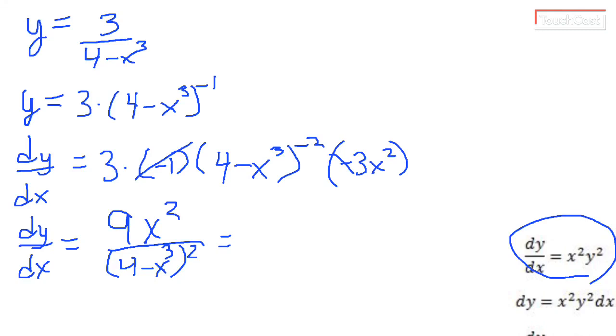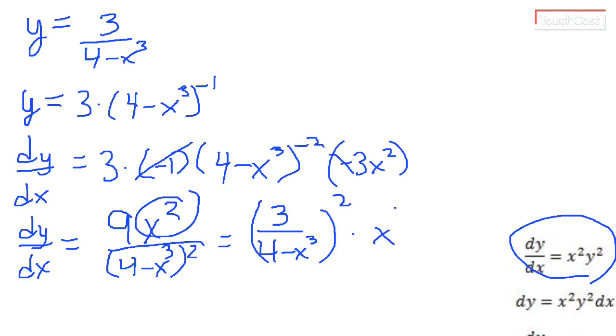So that is the same as 3 over 4 minus x cubed, squared, times an extra x squared. So 9 is 3 squared, and 4 minus x cubed all squared is (4 minus x cubed) squared.